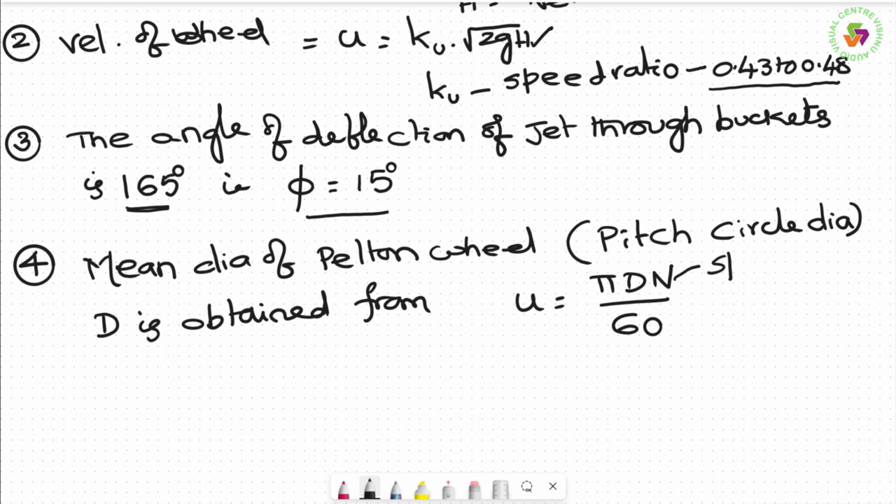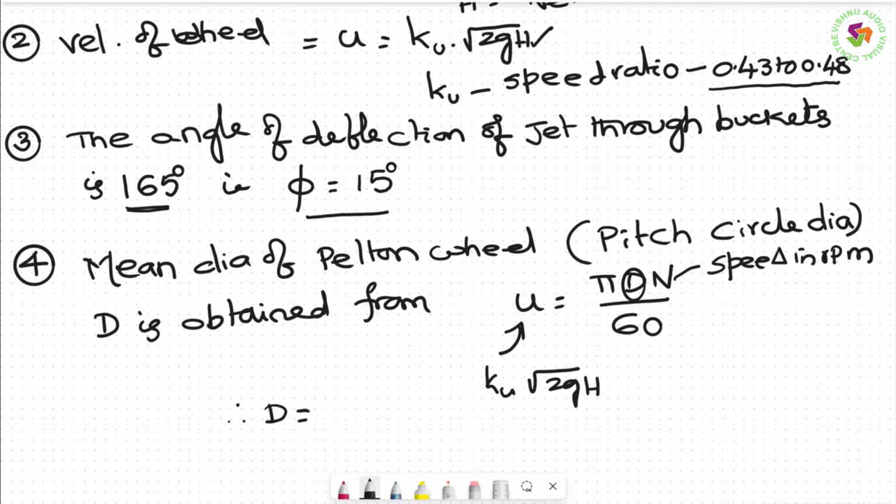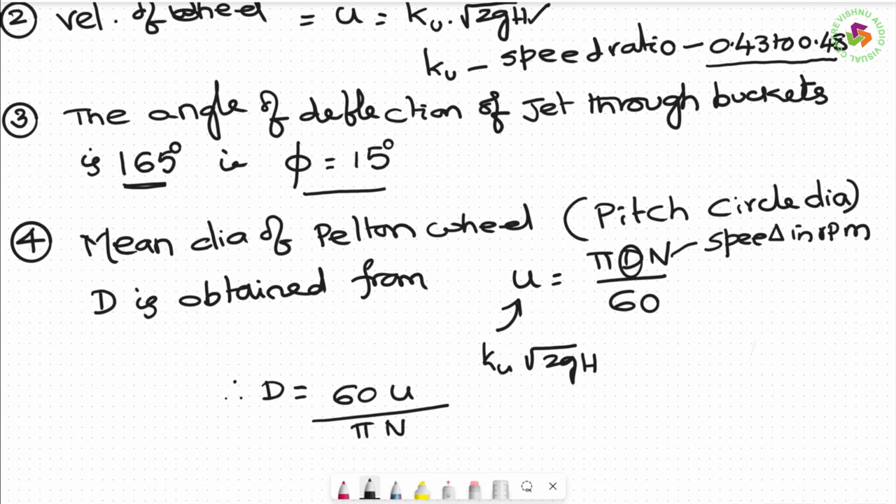U we already obtained by using the relation Ku root 2gH. So the unknown is only D. Therefore D is equal to 60 into U divided by pi into N. Given N and calculated U, you can calculate D.